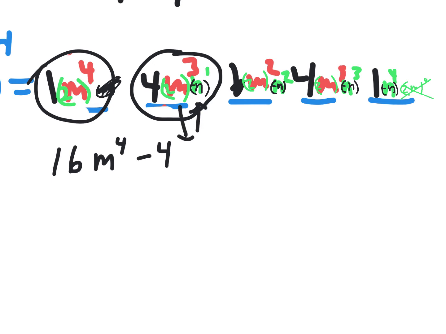That part just got nasty. 8m to the 3rd. And then that negative I've already taken care of. I put it out in the front, so then this is n. And then you got to multiply those together. So then that's negative 32 m to the 3rd n.